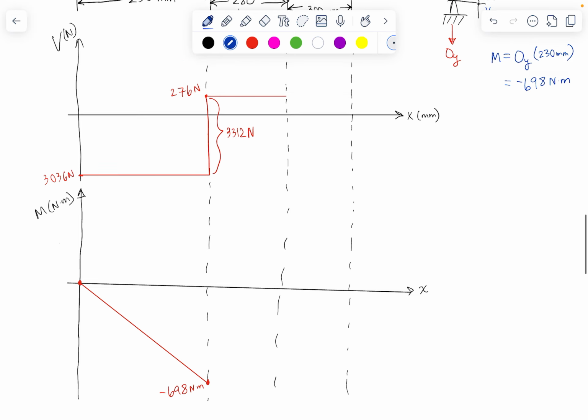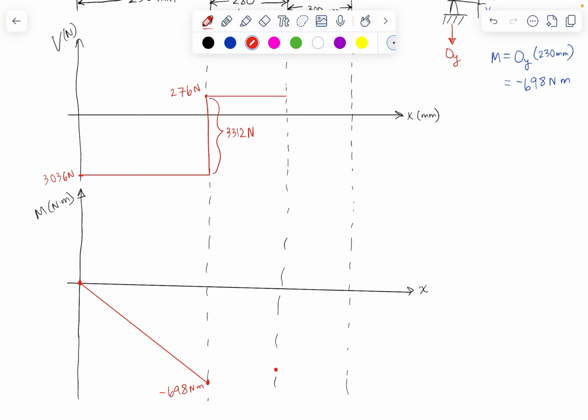So we can also think of all of this in a calculus way, where the moment is the integral of our shear force diagram. And so this point that we are now going to at the end here, the area under the shear force diagram is going to be equal to this magnitude.